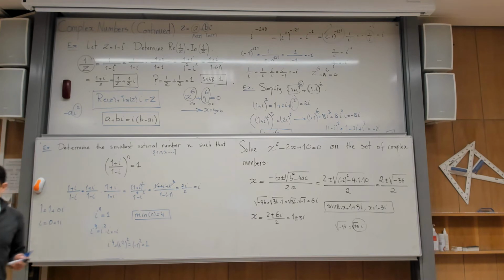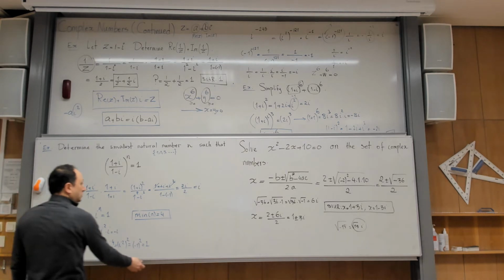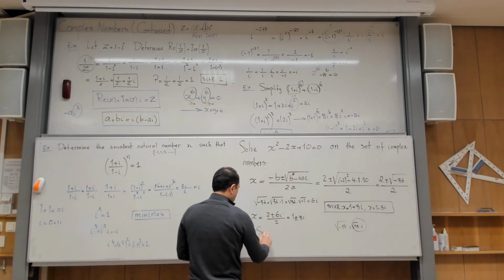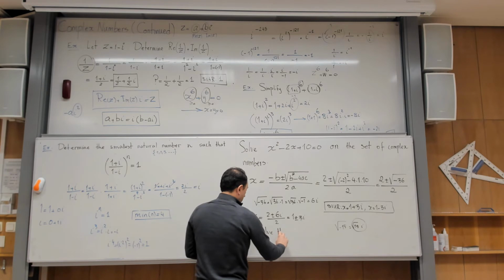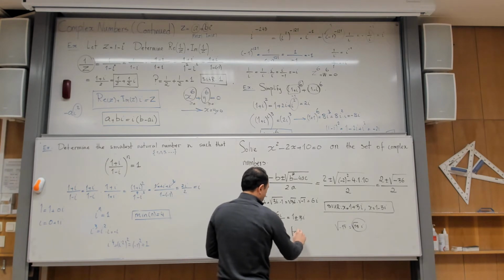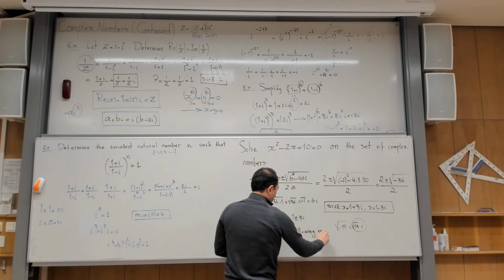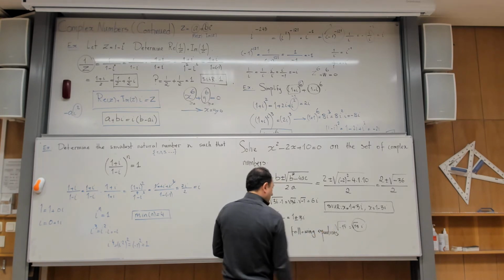But let us try to solve more interesting equation problems, yes? So one kind of problem that I want you to know how to solve is, let me write it here. Solve the following equations.